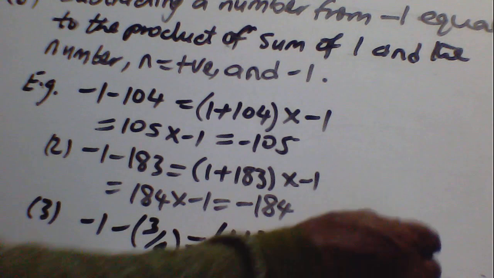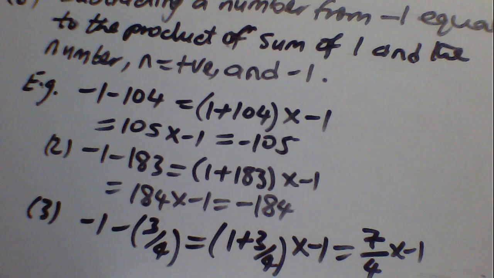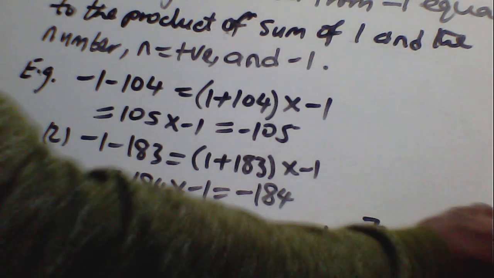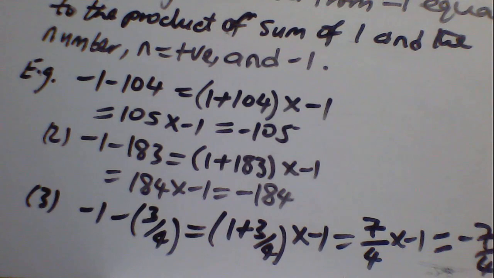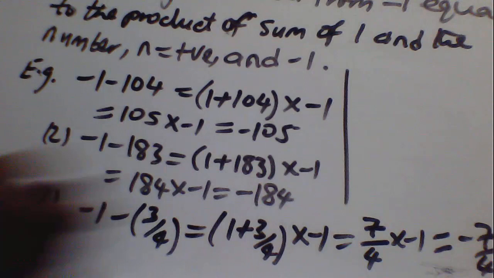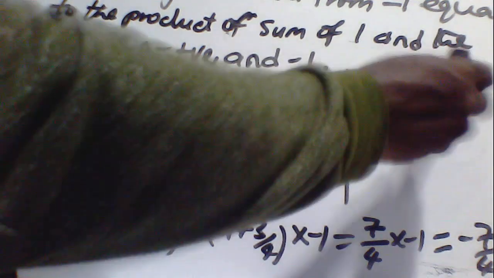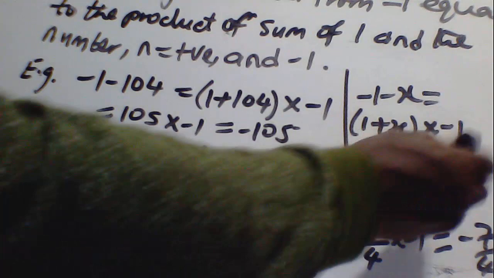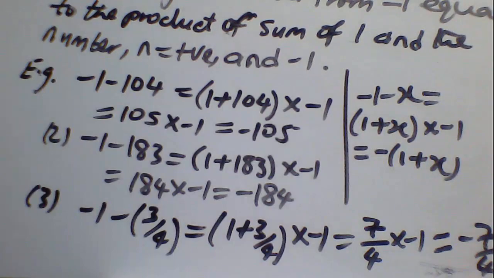So 7 over 4 times minus 1. So if you do that, you have minus 7 over 4. This is also true for variables. So minus 1 minus x is the same as 1 plus x times minus 1. And this will give us minus in bracket 1 plus x. So it's also true for variables.